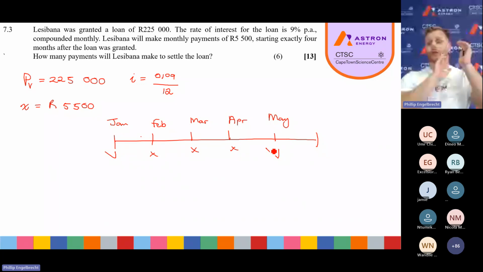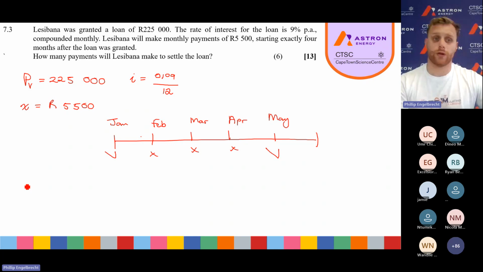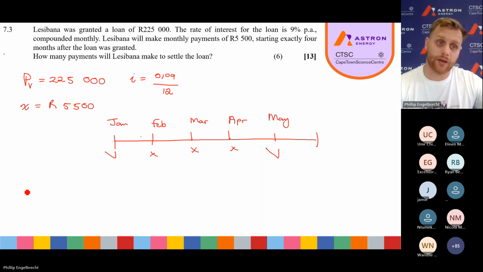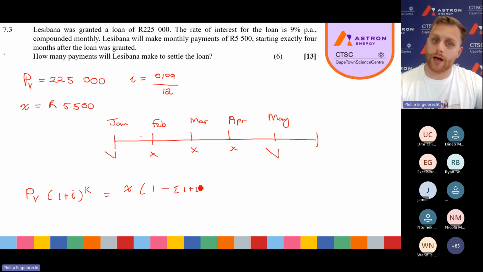So, therefore, the present value formula is going to look a little bit different. It's going to look something like this. It's going to be your present value times (1 plus i) to the power of k is equal to x times (1 minus (1 plus i) to the power of negative n) over i.